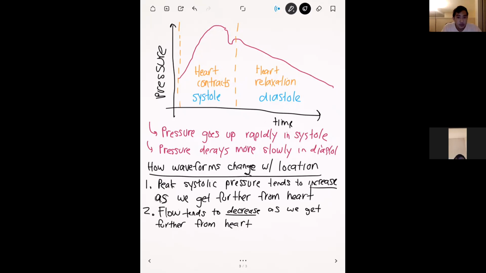Yeah. All right, question. So wall shear stress. Yeah. So if you remember from lecture last time, the wall shear stress actually stays very similar. So at different parts of the cardiovascular system, the wall shear stress that you observe is actually very similar wherever you are, right? Because even though the flow is going down between each of the blood vessels, the radius of the blood vessels are also going down, right?